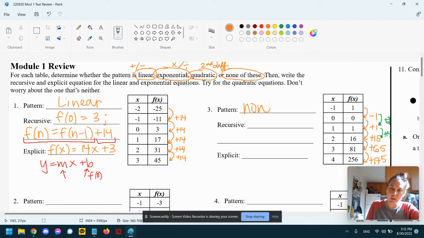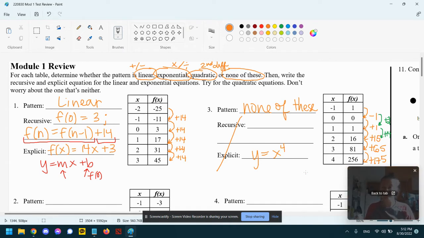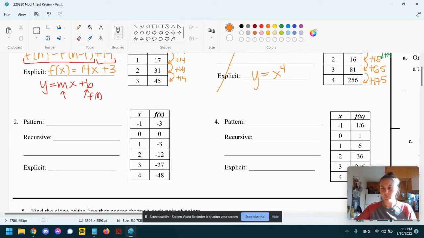So we will write none of these. And we'll be done. If you really care to know, this is the quartic function. Nice. All right, scroll down.